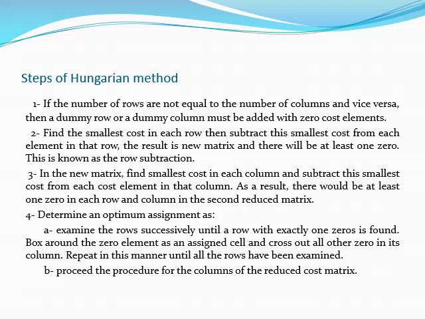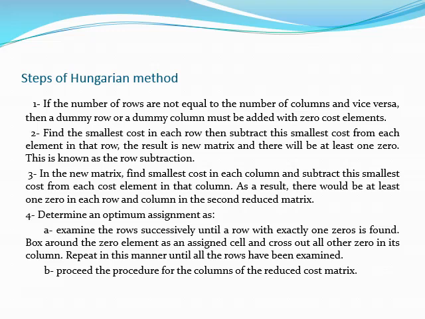A new matrix is gotten. In this new matrix, we are going to choose the smallest cost in each column. This is known as column operation, column subtraction. We subtract this smallest cost from the remaining elements or costs in each column.